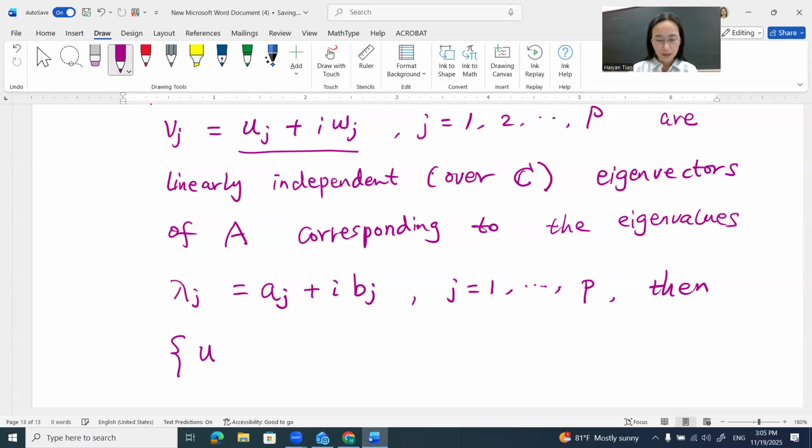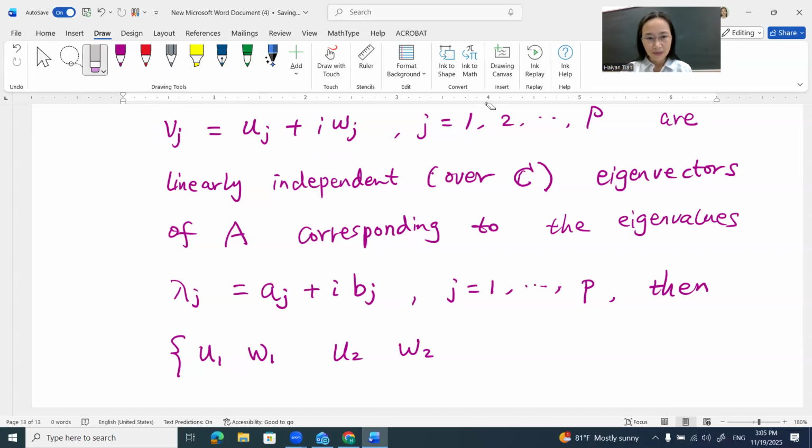For example, u1, w1 will be the real and imaginary part of v1 when j is 1. And u2, w2 will be the real and imaginary part of v2. Because each eigenvector has its real and imaginary part, we just list the real and imaginary part of each eigenvector for j from 1 to p.